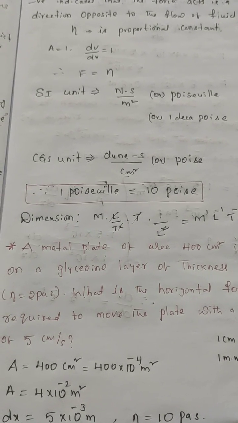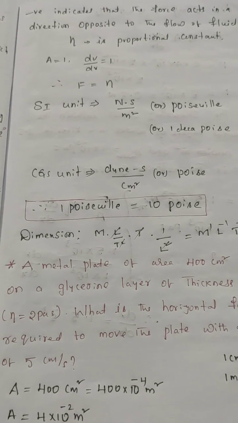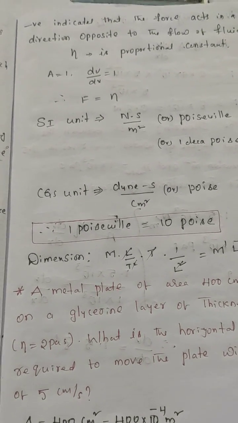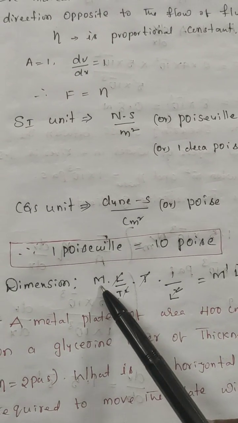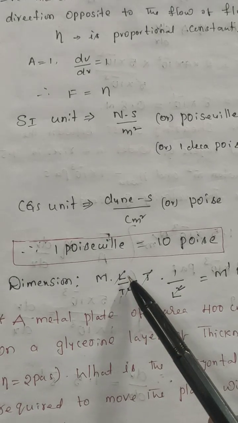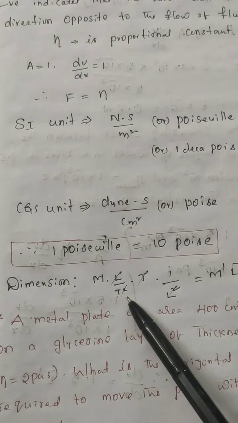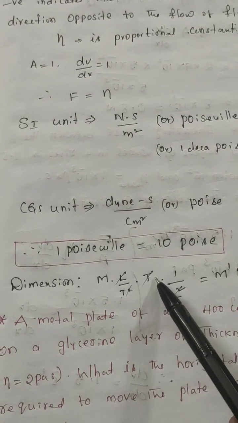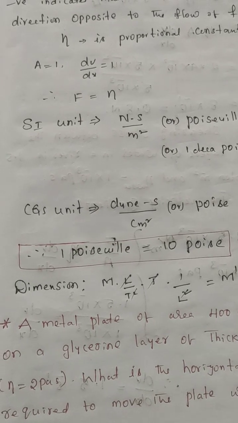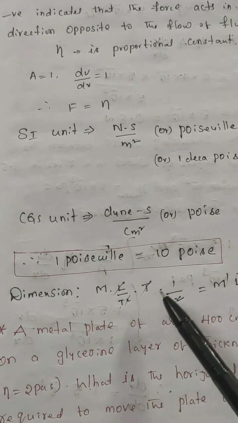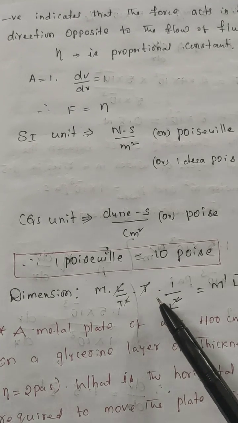Dimensional formula of coefficient of viscosity. Here, the force dimensional formula is mass into acceleration, m into L by T square. Next, velocity gradient is 1 by time.